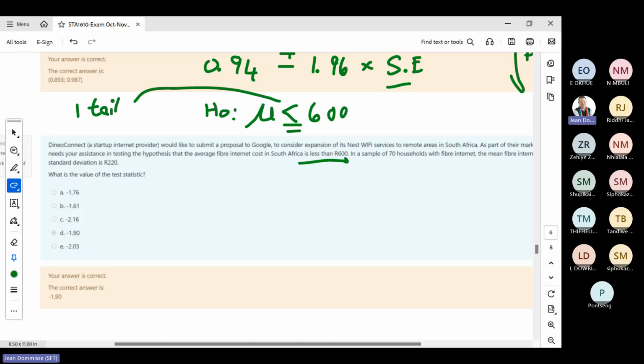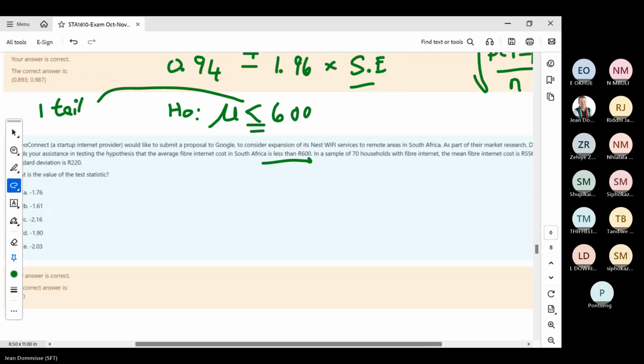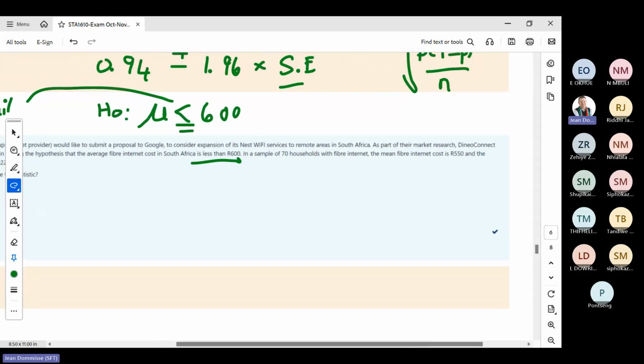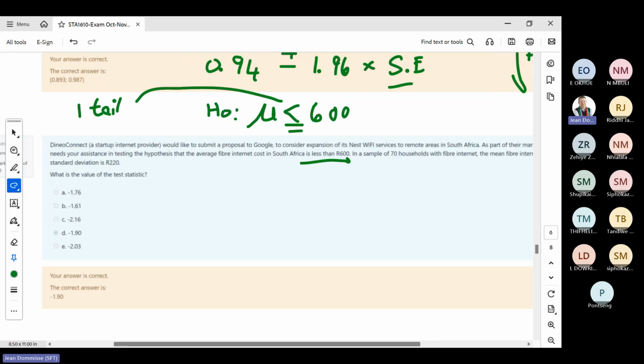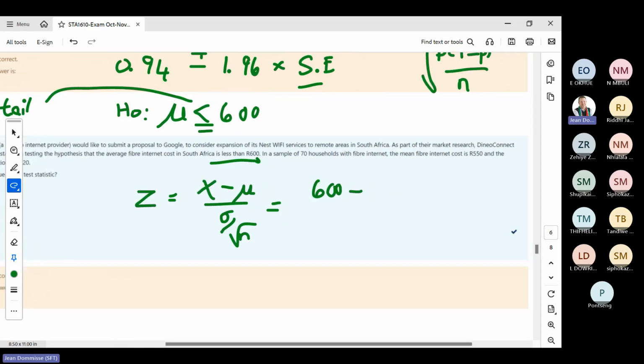Okay, a sample then is given, and the internet cost is 550, standard deviation. Okay, so then Z is equal to X minus mu divided by that. Let's quickly see if it tells us less than. Okay, so first need to check if I'm not doing that right.